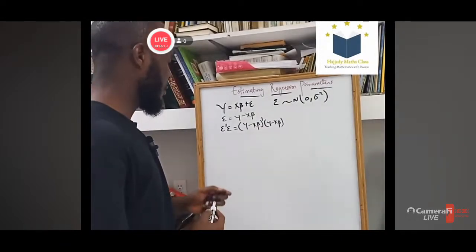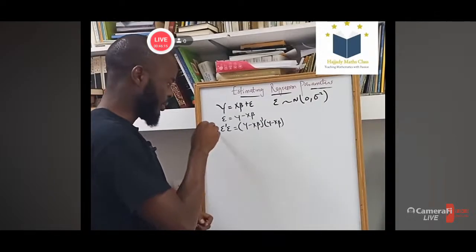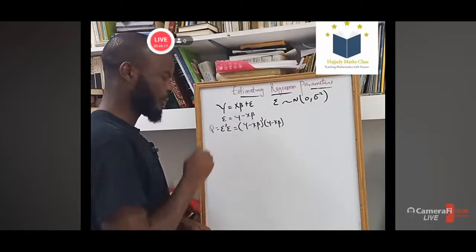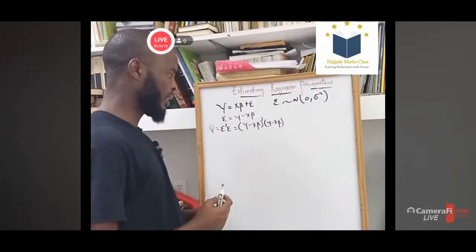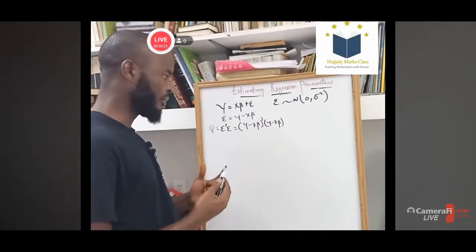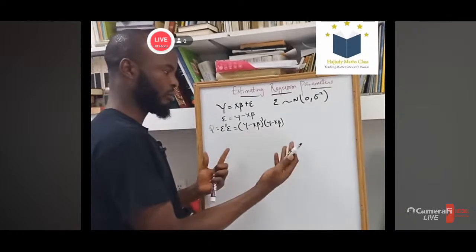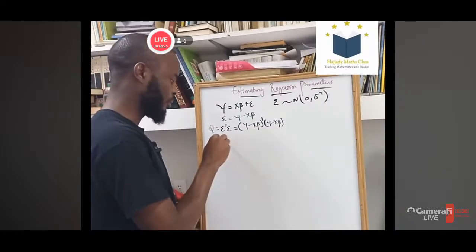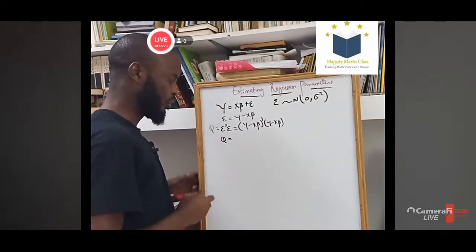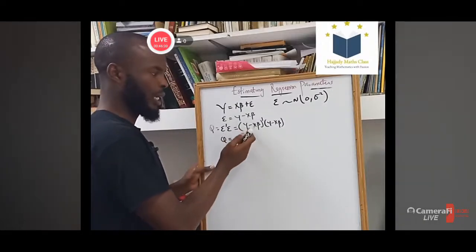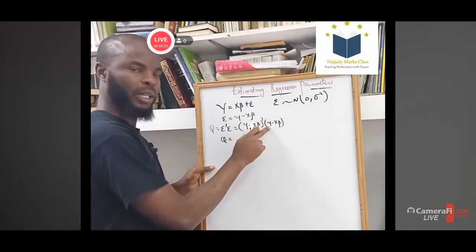Okay? So, let this be Q. By so doing, we want to distribute. So, we can have Q to be y prime multiplied by y.